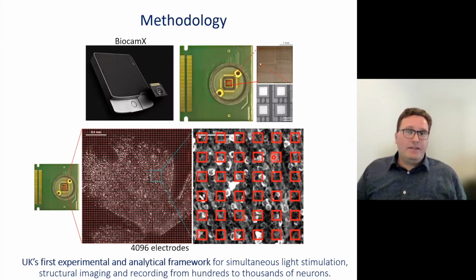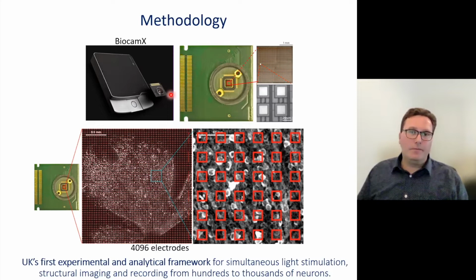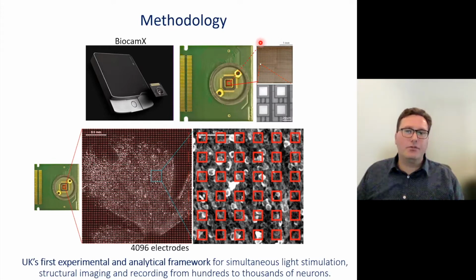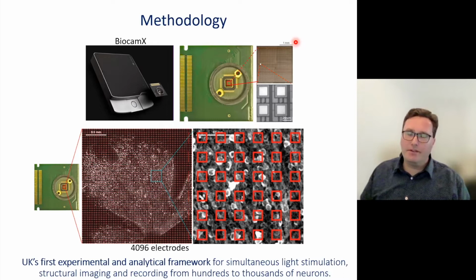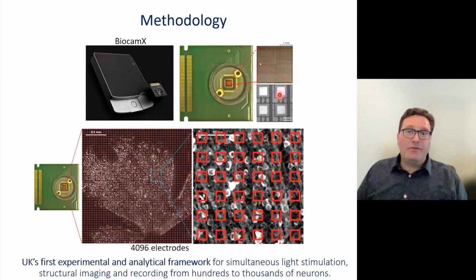The idea is that we used one of the new CMOS multi-electrode arrays. In our case, it has a dimension of 2.7 millimeters times 2.7 millimeters, and it has 4,096 electrodes.